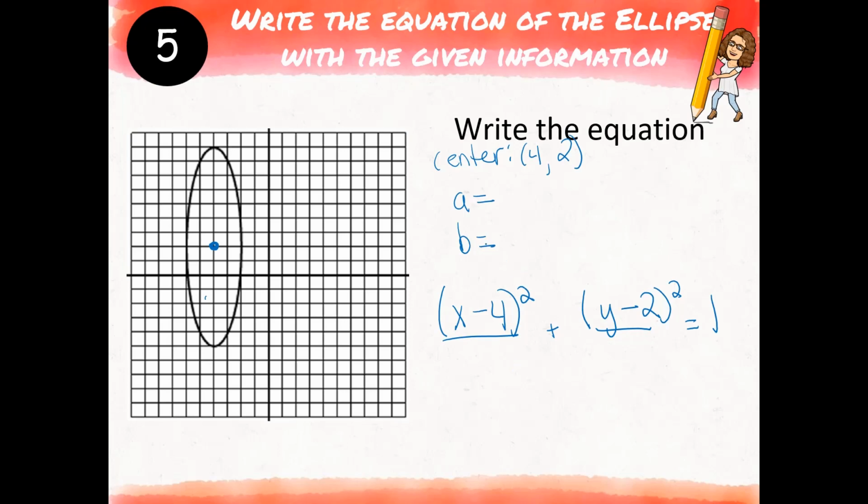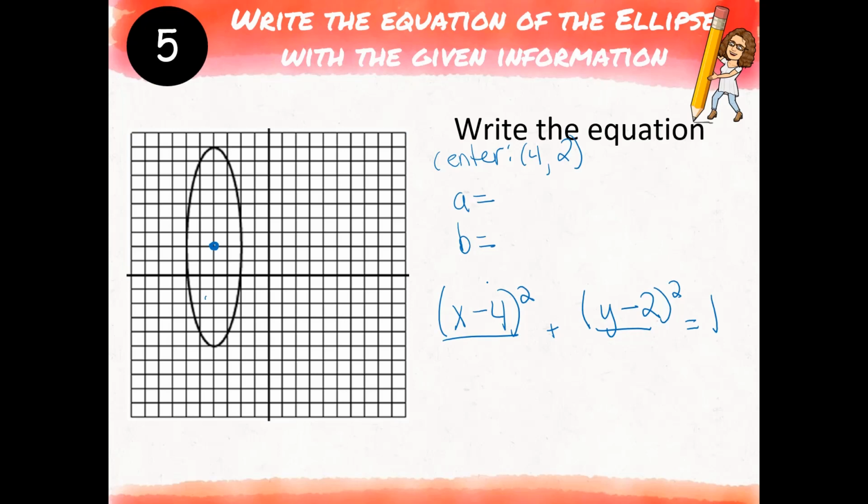Now, I need to find the A and the B. Now, let's remember, A value is how far your center is to a vertex, and B is how far your center is to a covertex. And since the major axis is vertical, aka this is an up and down ellipse, right? It's taller than it is wide.